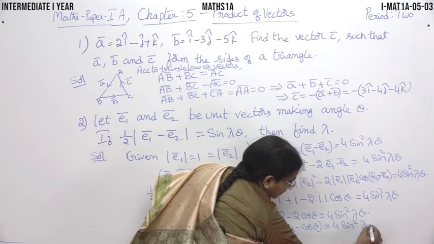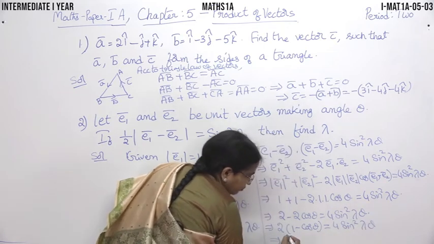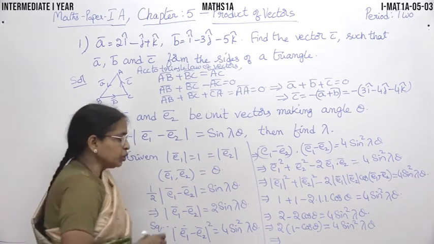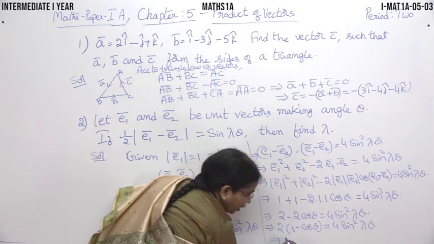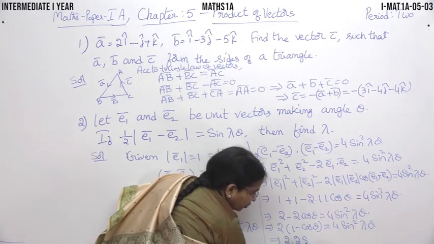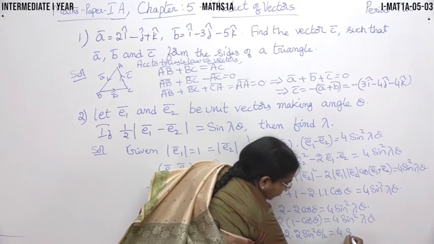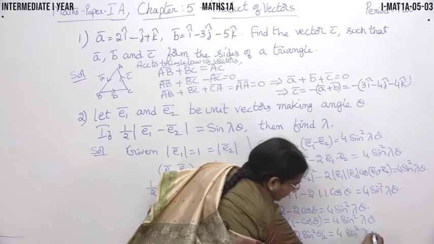Now, what is 1 minus cos theta? 1 minus cos theta is 2 sine square theta by 2. Half angle formula. 2 sine square theta by 2 is equal to 4 sine square of lambda theta.